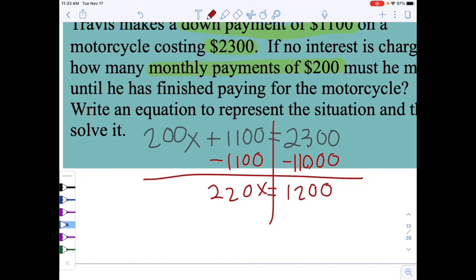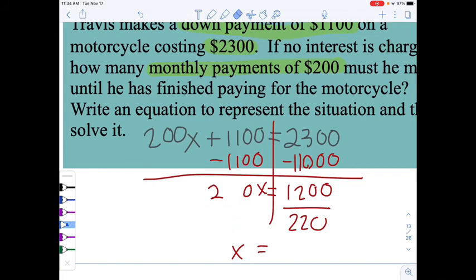Now, to get x by itself, right now it's 220 times x. I need to divide both sides by 220. Now, I'm left with x equals... oh my goodness, why did I do that?